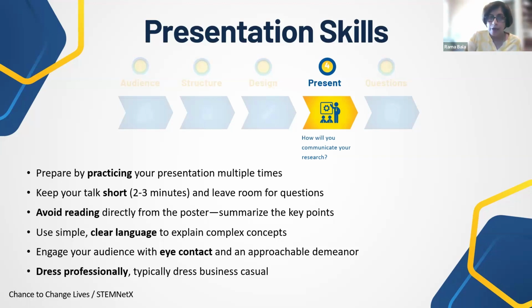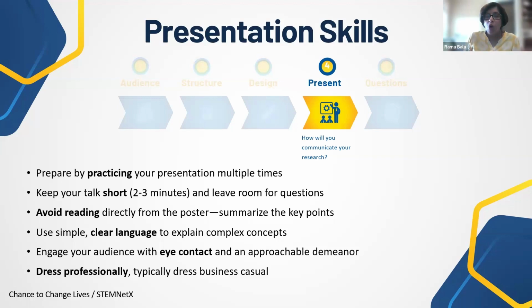So maybe within 5 to 7 minutes would be a good time frame for you to present your oral part of the discussion. If you can do it within 3 minutes, great, because that will leave you with plenty of time to engage with the audience. So you can achieve this by practicing your presentation of the poster multiple times.